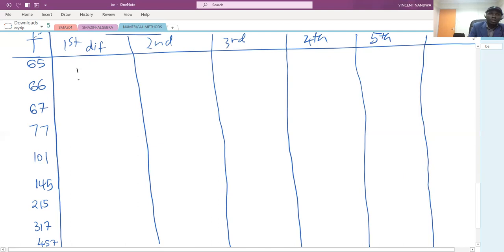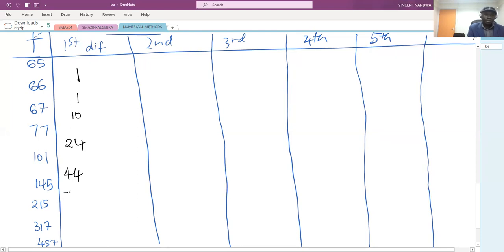66 minus 65, we get 1. Then 67 minus 66 we get 1. 77 minus 67 gives us 10. 101 minus 77 gives us 24. 145 minus 101 gives us 44.